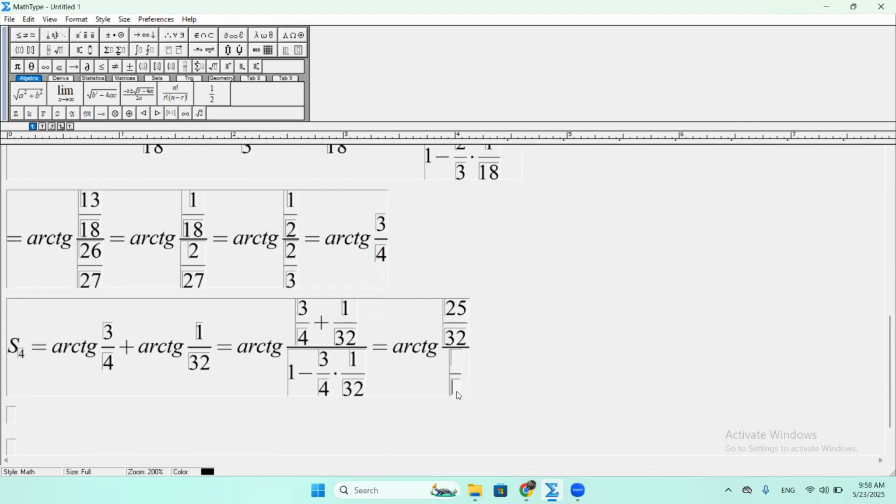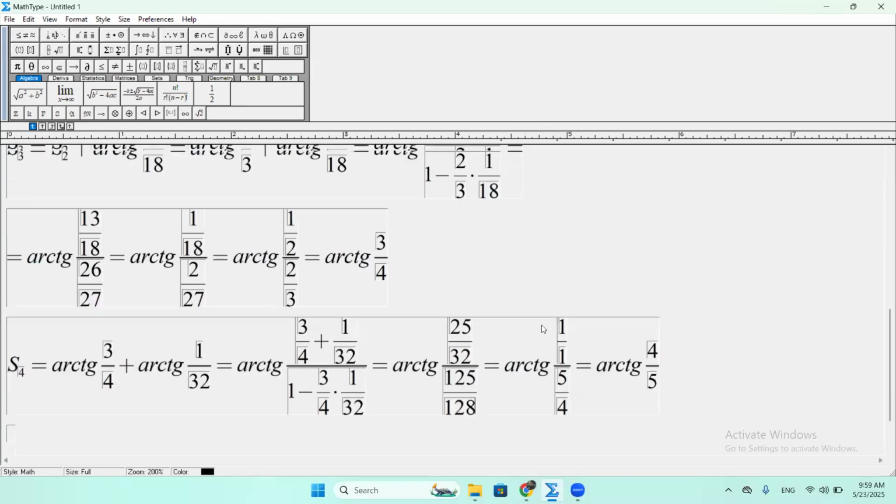So 128 here, and 125. So now canceling what we can cancel: dividing, here will be 1, here 5. Then I can divide this value by 32, and this by 32, it will be 4. So I receive arctangents of 4/5.